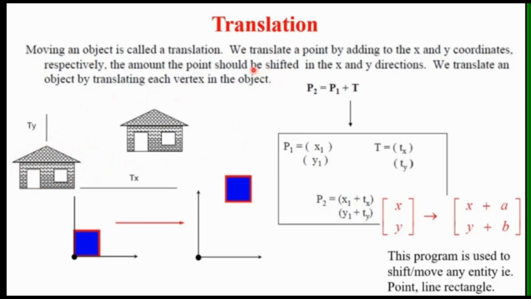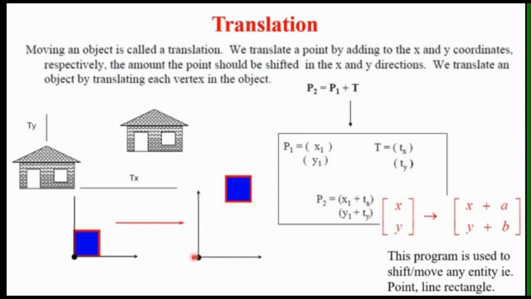When we translate a point, we add to the x and y coordinates respectively the amount the point should be shifted in the x and y directions. We translate an object by translating each vertex in the object. That means this object is translated from this original position P1 to this position P2.